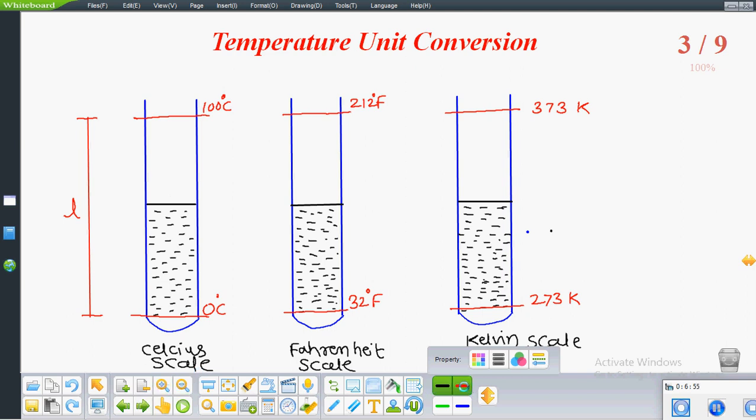So the Celsius scale gives you a temperature reading of that water as C. Similarly, the Fahrenheit scale gives you a reading of F, and similarly the Kelvin scale gives you a reading as K.